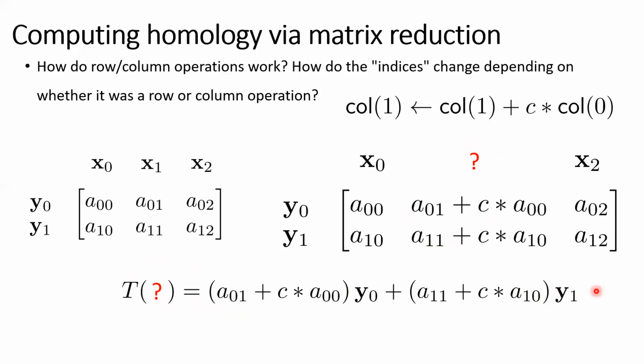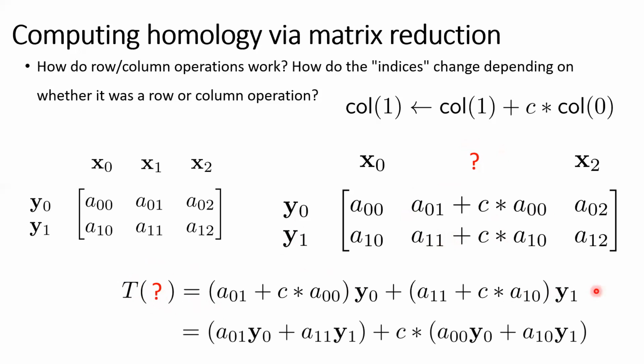So a little bit of algebra will tell you that we can also rewrite it in this fashion. And now it's hopefully much simpler to realize that this first term is exactly the second column of the original matrix, and that this element here is C times the first column, right? Or the 0th column, rather. Again, we're using Python indexing notation.